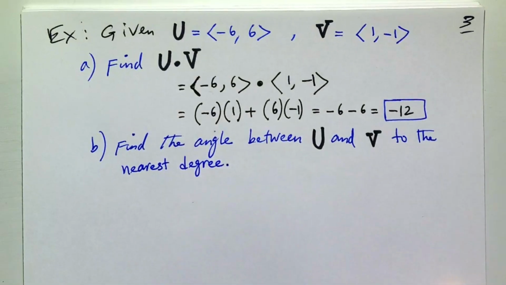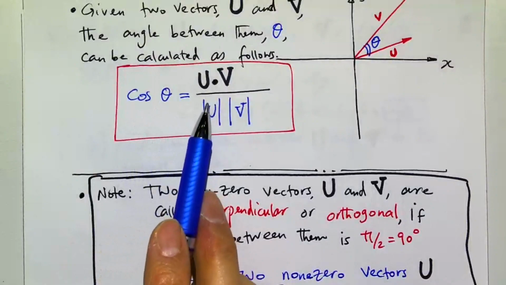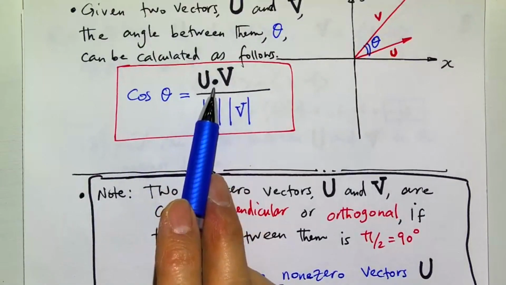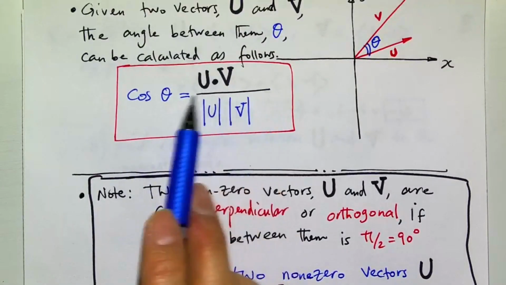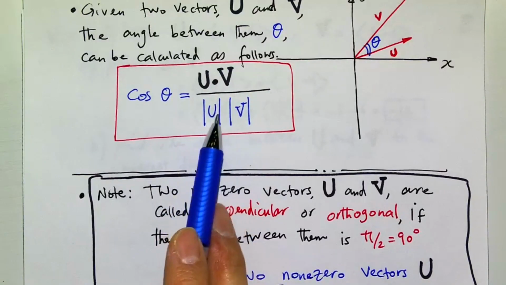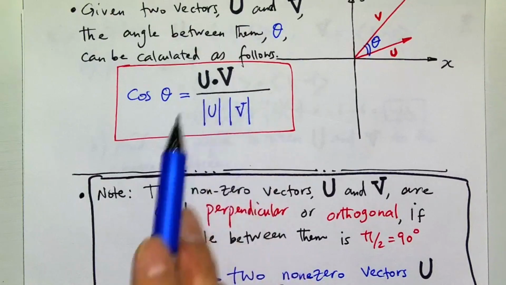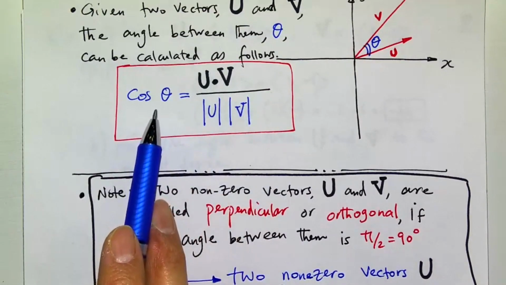Okay, so the formula we just introduced is that first we find the dot product of the vectors, then divide it by the product of their magnitudes, which we learned how to calculate in section 9.1. This ratio gives us the cosine of theta.